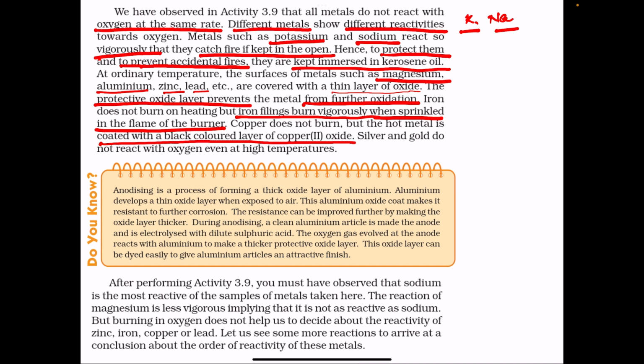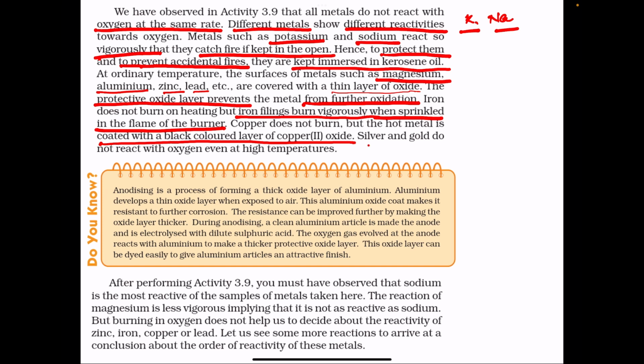So most reactive metals are sodium and potassium, which react vigorously with oxygen of the air even at ordinary temperature. Then magnesium burns in air. Then at ordinary temperature, magnesium, aluminium, zinc get coated with a layer of oxide which prevents them from further oxidation. Iron does not burn on heating, but iron filings burn vigorously when sprinkled in the flame.